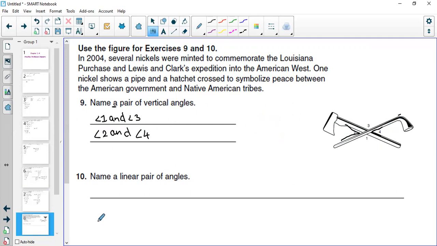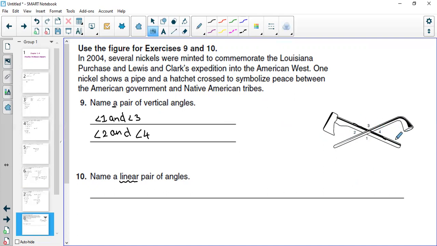Simple, right? Name a linear pair of angles. Now this word linear means in a line. Many times we have repeated the meaning of this word linear, right? Linear means angles on a straight line, or angles which are like straight. So name a pair. Again, there are two pairs of linear angles. I will write both. You can write any one because they said a pair. So linear means it should be straight, like that.